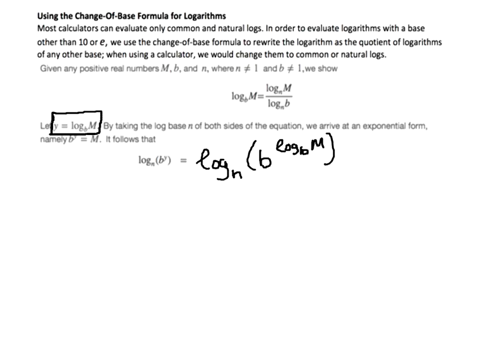So all I've done is replaced y with log base b of m. And inside the parentheses is that property. When I raise a base to a logarithm of that same base, it's just that thing that you're taking the log of. So this becomes log base n of m.